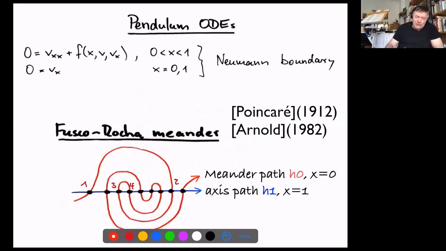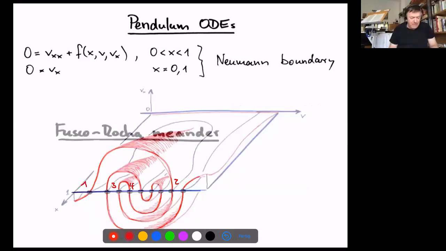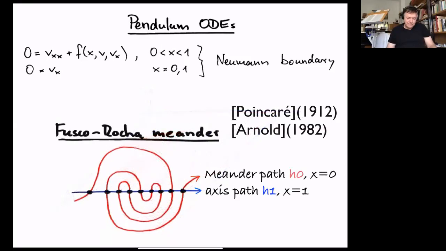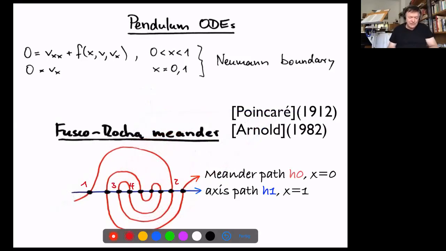And from the point of boundary orders, you see that the red curve came from shooting. The order along the red curve is the order at the x equals 0 boundary. And at x equals 1, this order here, the blue order, corresponds to the x equals 1 boundary, and these orders may be different.